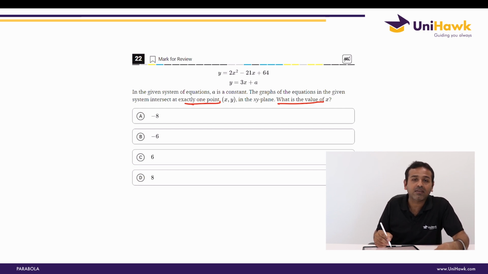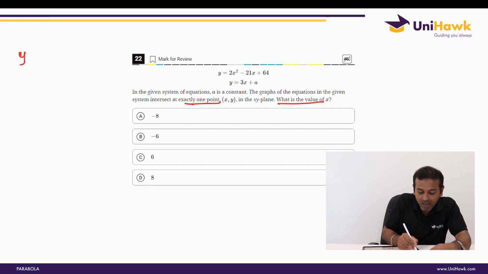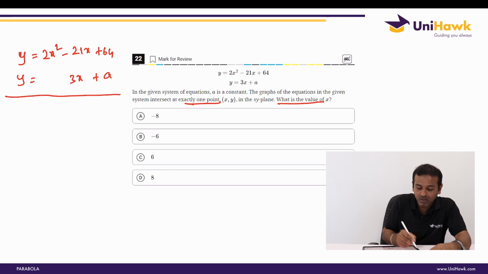Let me subtract the straight line equation from the parabola equation. Parabola equation is y equals 2x square minus 21x plus 64, and the straight line equation is y equals 3x plus a. I am going to subtract this equation from the above equation.